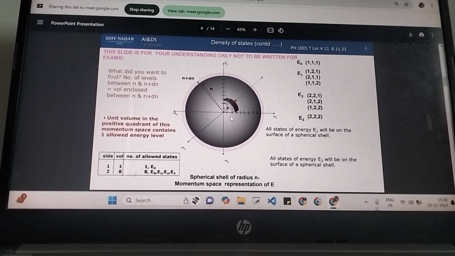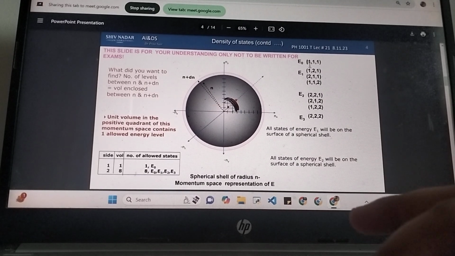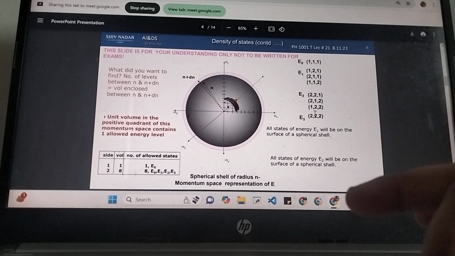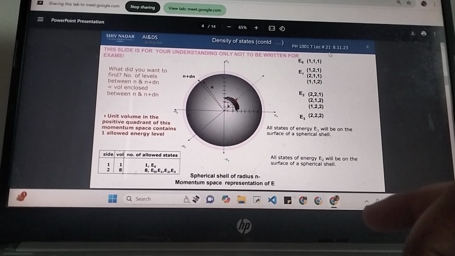So when you go to a cube of side 2, 2 cross 2 cross 2, there are 8 possible corners and you can have an atom located at any of these 8 corners. 1, 1, 1, 1, 2, 1, 2, 1, 1, 1, 1, 2, so on up to 2, 2, 2. And they have been divided into 4 categories based on the total energy.